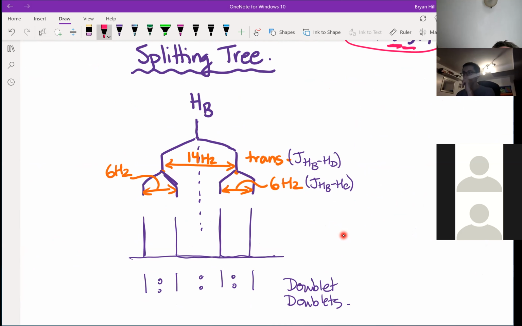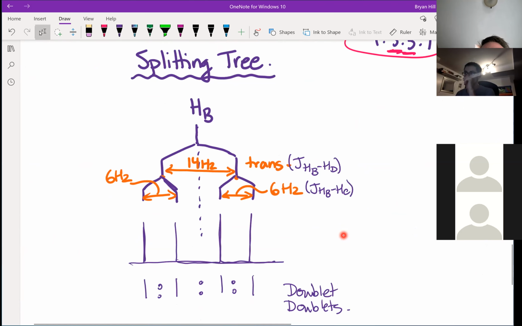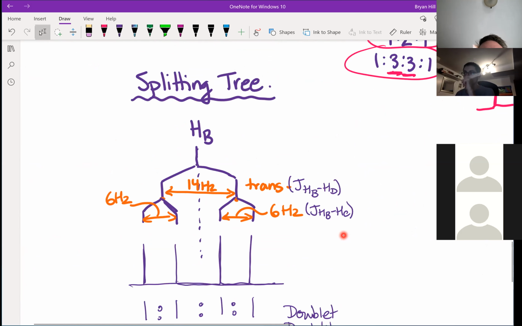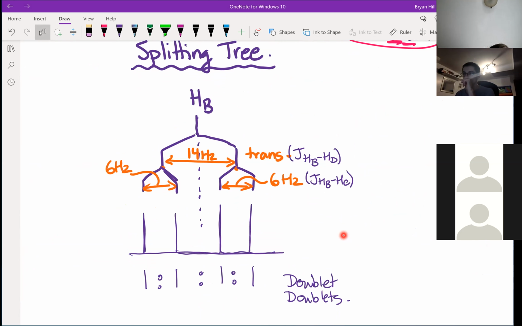So you'd use a splitting tree. And in many ways, this is more common than not. This is a relatively common manifestation, particularly if you've got a complex molecule.